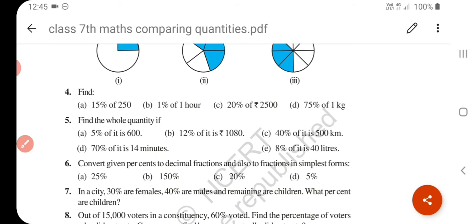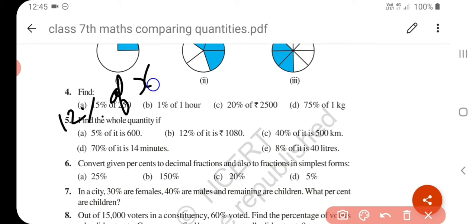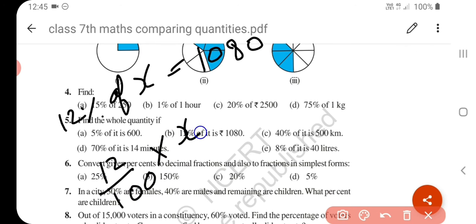Okay, understand? Now second one tells us 12% of it is 1080. Suppose the required quantity is x, and we know that 12% of x is 1080 rupees. So it becomes 12 upon 100 into x is equal to 1080.